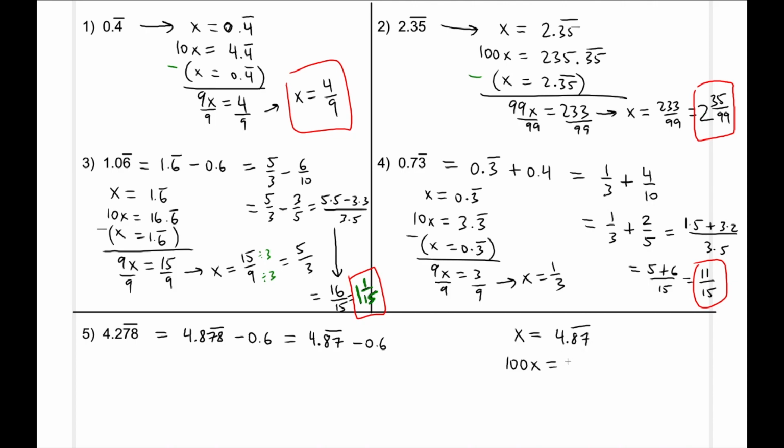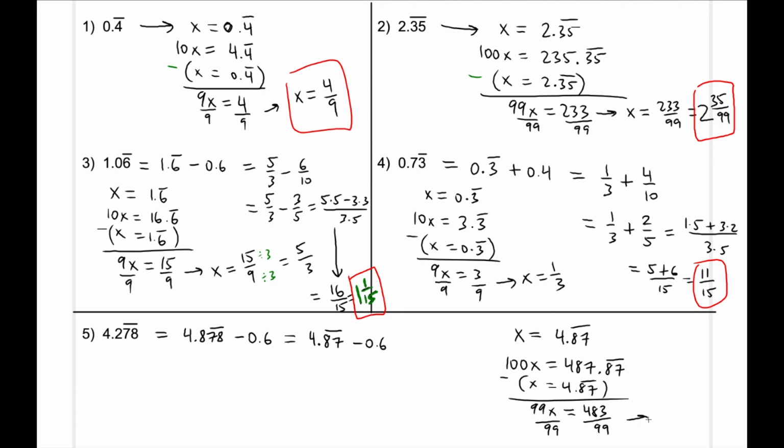You get 487.87 with a bar. You subtract the first equation, and you get 99x on the left side. The 87 bar goes away. 487 minus 4, just the difference of whole numbers, is 483. Divide both sides by 99.